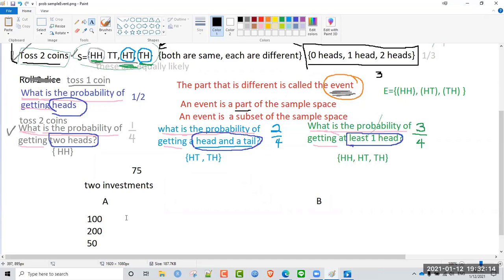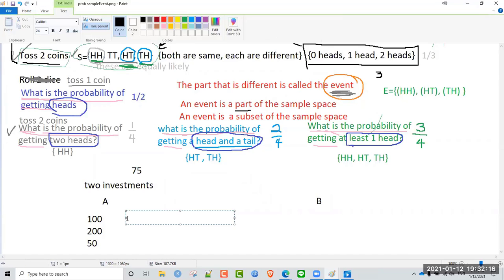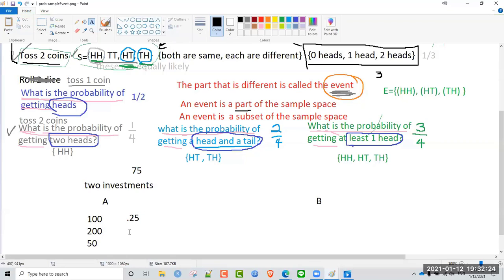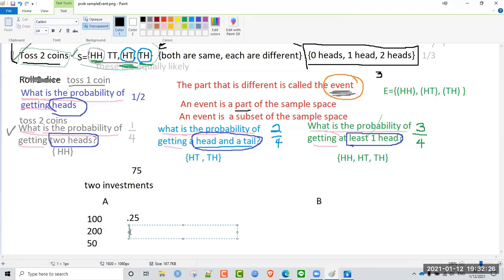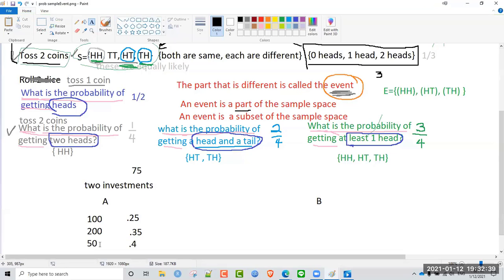The analysts say there's a 25% chance that it will be this value, a 35% chance that it will be this value, and what's left over, a 40% chance that it'll be this value.